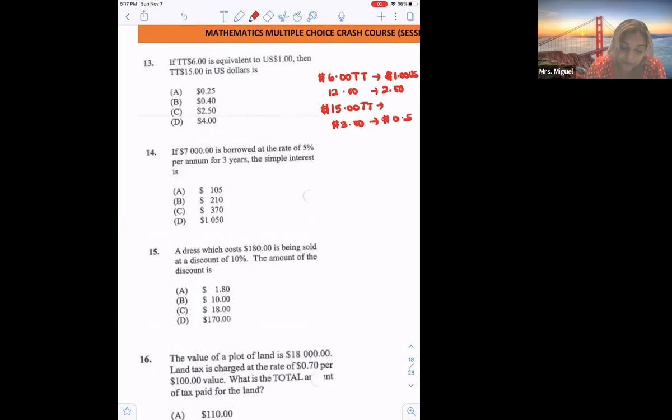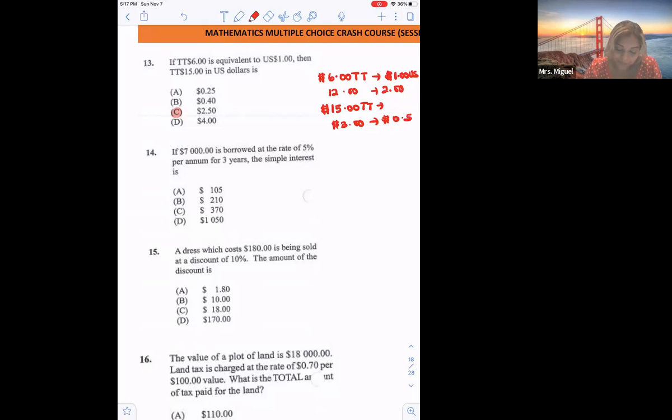So my answer will be $12.50. I'm sorry, $2.50. $6 will be $1 US. $12 will be $2 US. We don't want 12, but we want 15. $3 is half of 6. So if $6 is $1 US, $3 would be 50 cents US. So that is how I get $2.50.